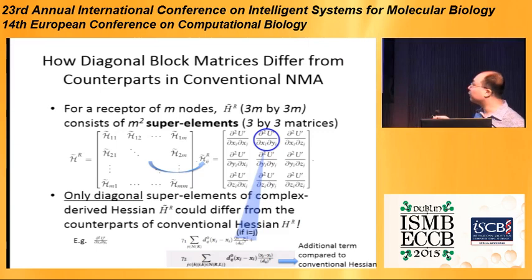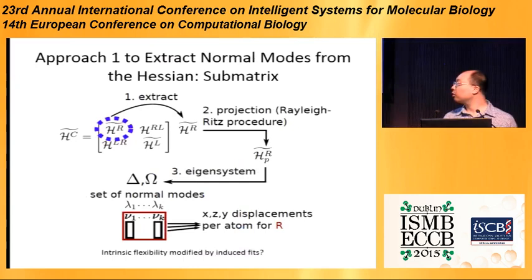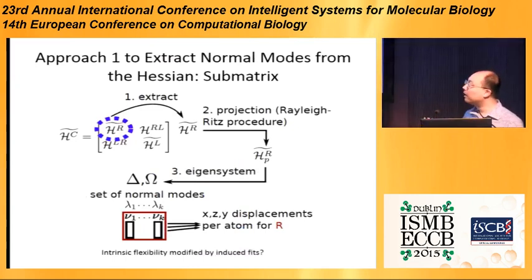And if we look at a particular element, we can see that the difference comes from an additive term due to different interactions with its binding partner. So given this peculiar structure of the diagonal block, we wonder whether this matrix actually captures the intrinsic flexibility but modified by some induced fit effects.